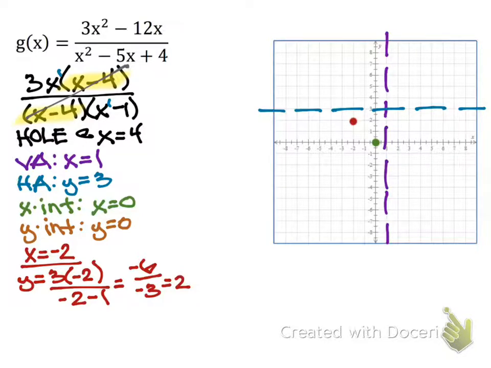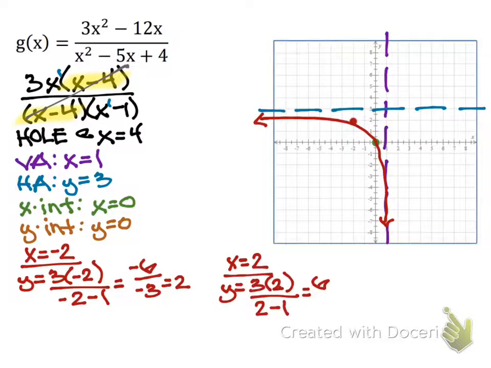That means I know this side looks like that. Then we want to try a point or two possibly on the right-hand side of that vertical asymptote. Let's start with looking at x equals a positive 2. When x equals positive 2, y equals positive 6. I'll go ahead and plot that point. And then let's look and see what happens maybe when x is a positive 4. We could have chosen 3 or 5 or whatever, but let's look at 4.